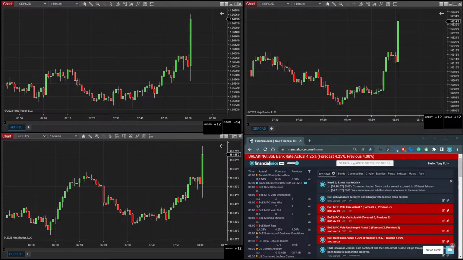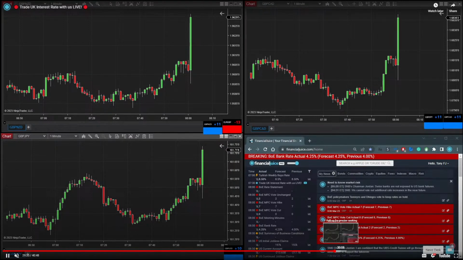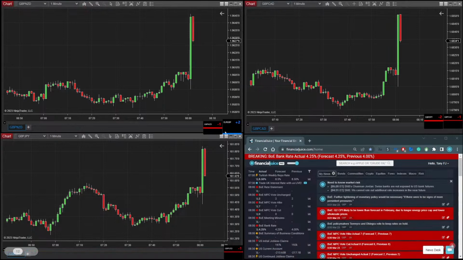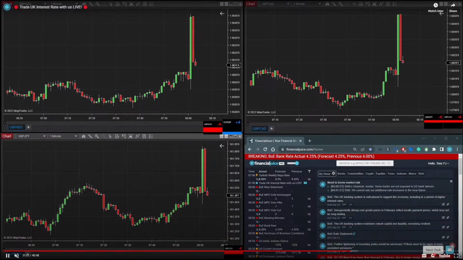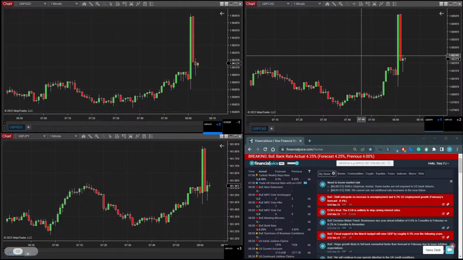So if I just bring up the last rate statement, let's just see what we have. Yeah, the reaction doesn't really last that long. The sentiment surrounding the rate decision last time around was that the Bank of England said the banking system is well placed to support the UK economy, including periods of high interest rates.